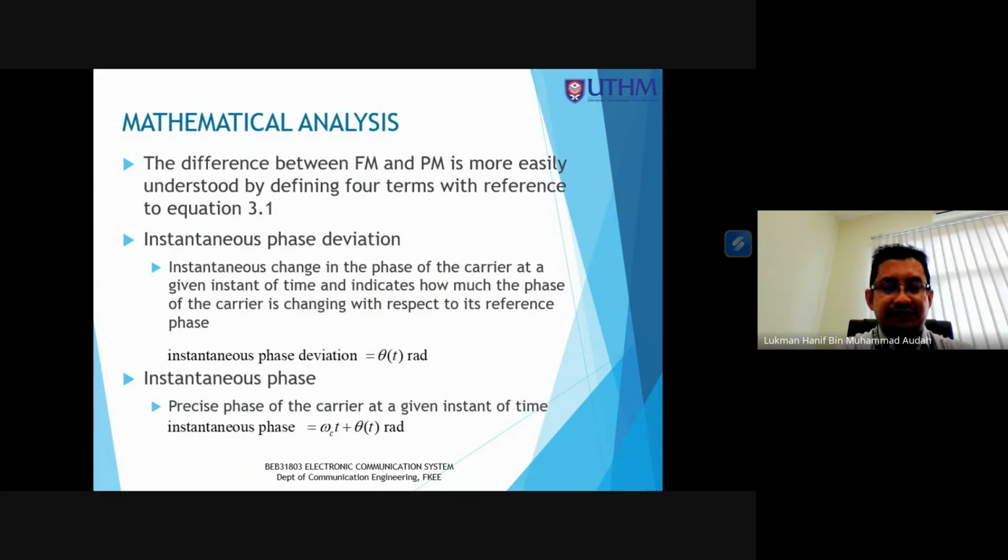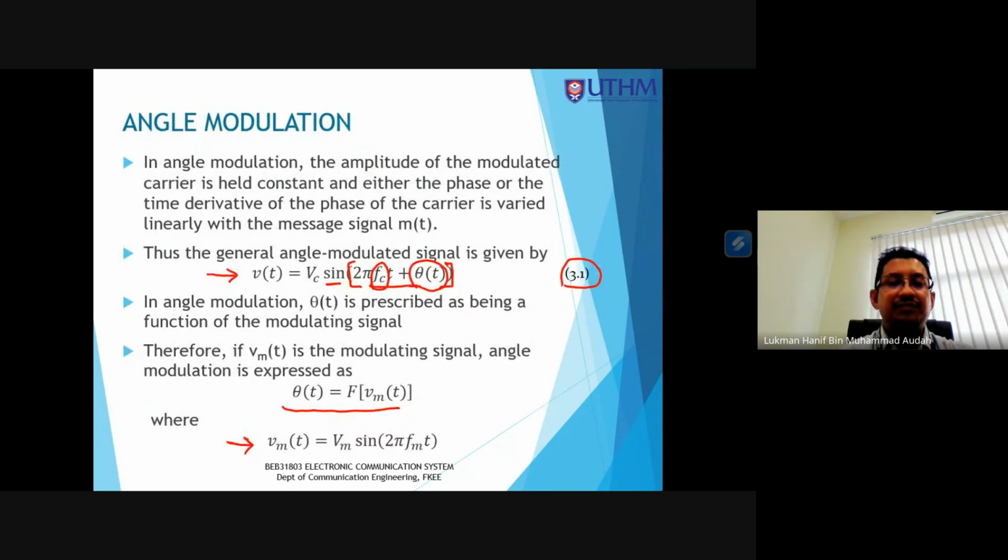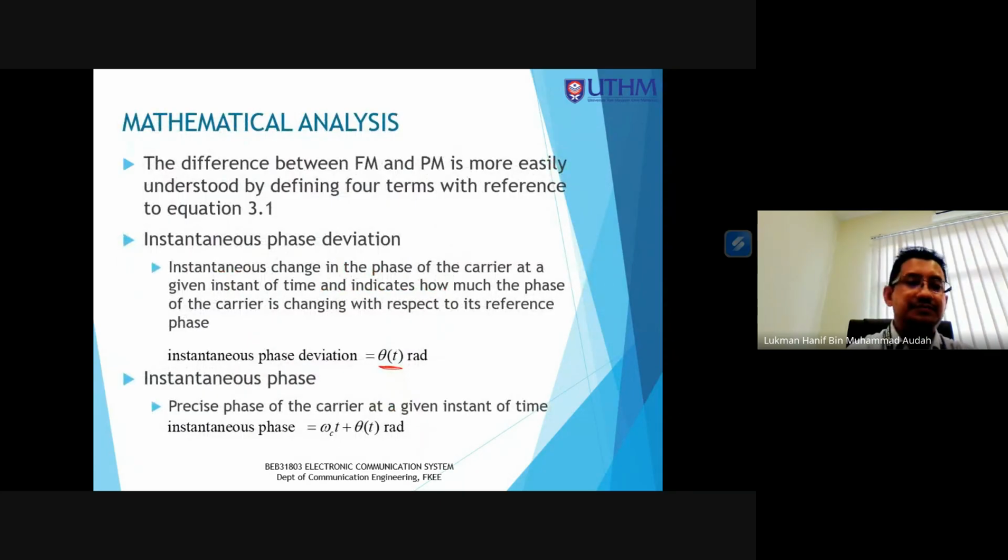So instantaneous phase deviation is equal to theta(t), and the unit is in terms of radian. This is from the general equation.